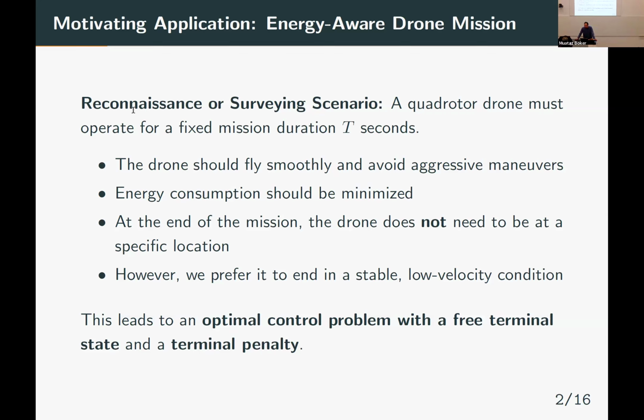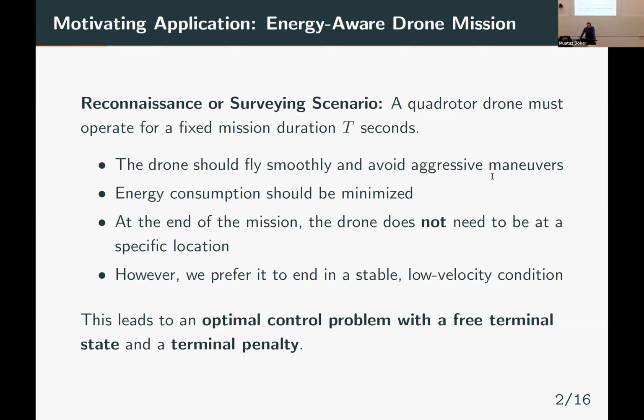So basically, we have a quadrotor drone. This drone must operate for a fixed mission duration, capital T, seconds. The drone should fly smoothly and avoid aggressive maneuvers, right? For practical reasons, military reasons.